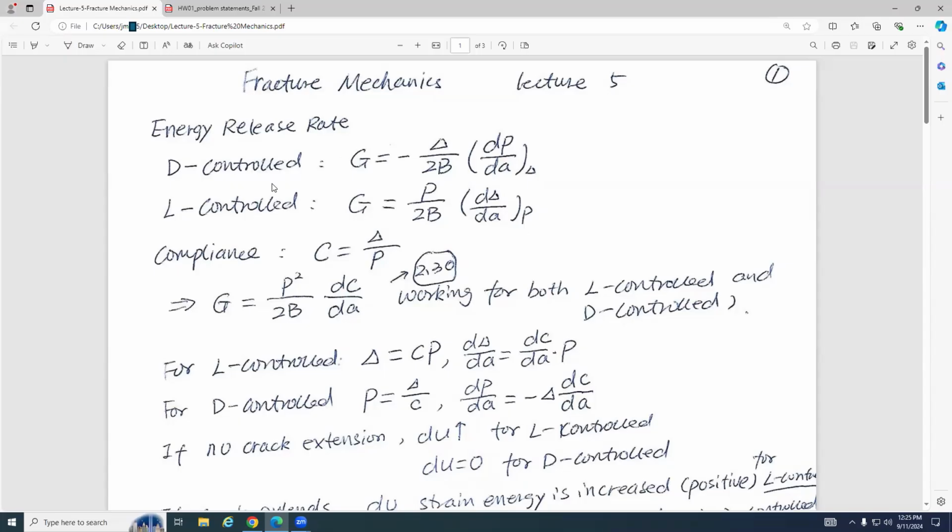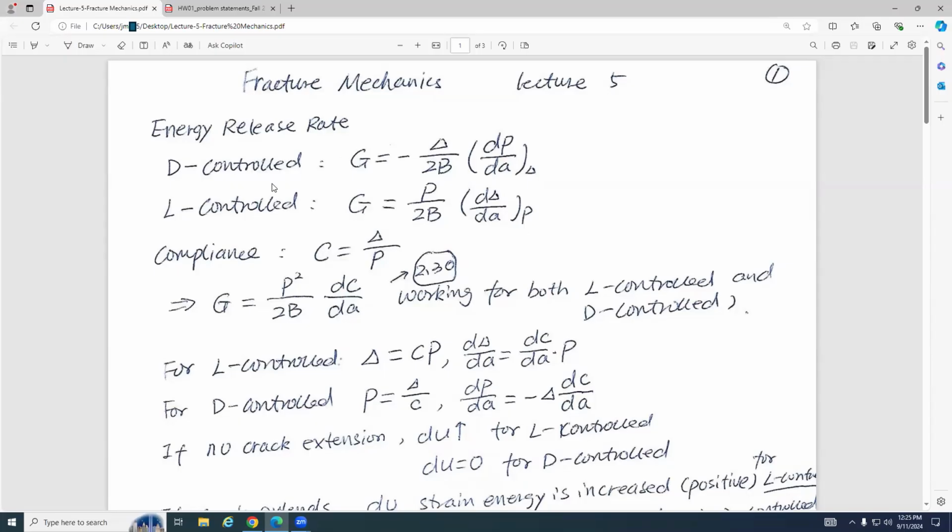And we know for both cases, the compliance is changing. Why is the compliance changing? Because the crack length is changing. That means your material becomes softer and softer. So that's the reason G can be written as P squared divided by 2B times dC/dA.